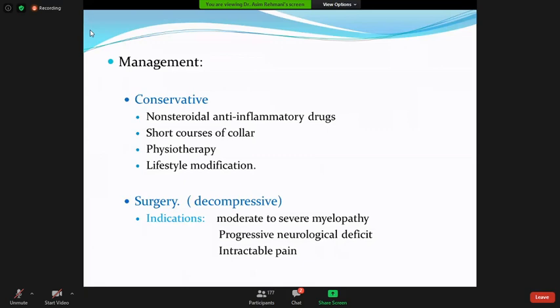So in this condition, conservative management comprises of usage of analgesics, usually non-steroidal anti-inflammatory drugs, NSAIDs, application or wearing of cervical collar, physical therapy, and lifestyle modification.